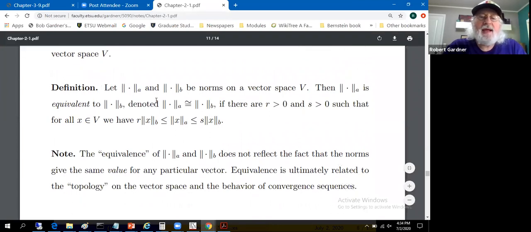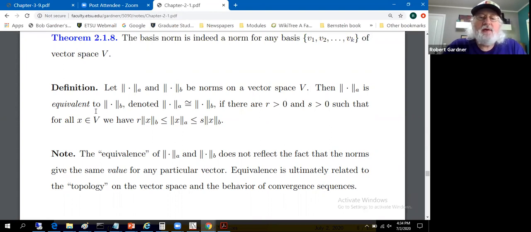Two norms, an A norm and a B norm, are said to be equivalent if there are positive constants, r and s, such that the A norm of x is sandwiched between r times the B norm of x and s times the B norm of x, where we're allowing x to range over the vector space on which these are norms. And again, the r and the s are fixed.